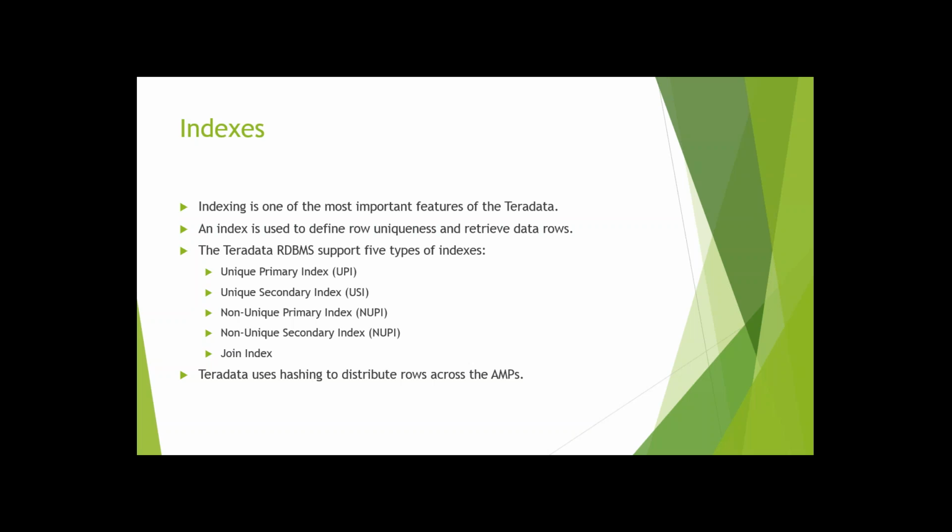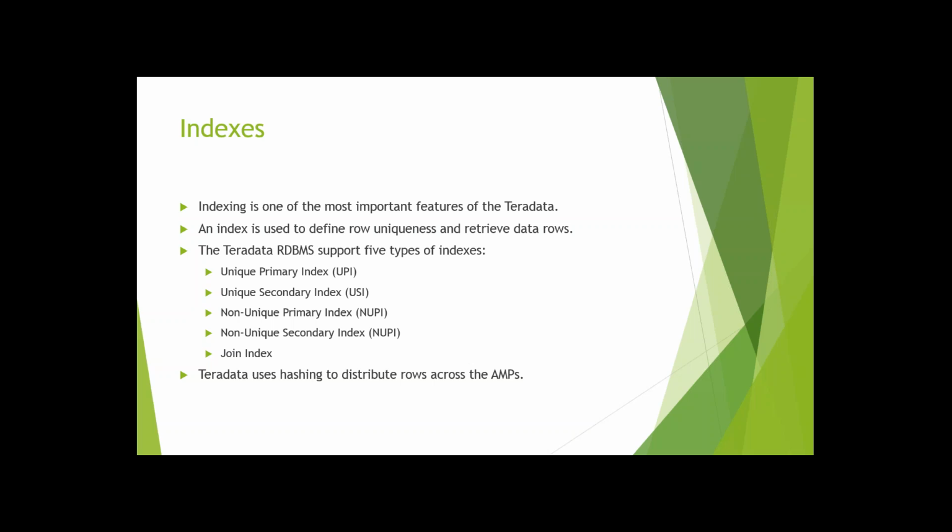And in Teradata, when you define an index, in this case employee number, the data would be distributed at the disk level, at the AMP level. AMPs are nothing but disks. We will talk in detail about AMPs in the architecture session. So based on the primary index, the data is loaded into the disks, and based on the primary index, the data is retrieved.